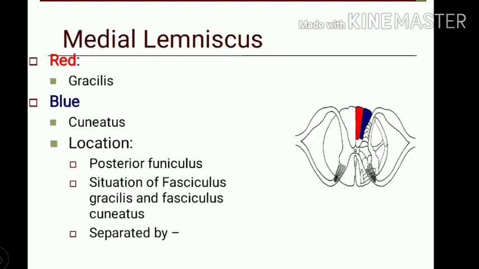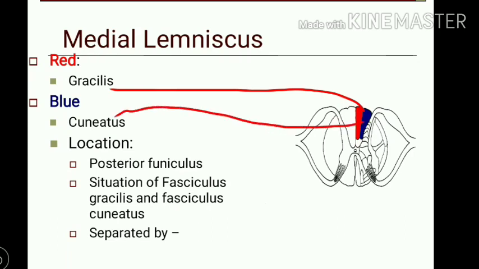Now, we start our discussion with the medial lemniscus or dorsal column tract. As the name suggests, the dorsal column tracts are located in the dorsal column. Names of the tracts, as we have discussed, are fasciculus gracilis and fasciculus cuneatus. Fasciculus gracilis is this red one, and this blue one is fasciculus cuneatus. Both are located in the posterior white column, also known as the posterior funiculus.